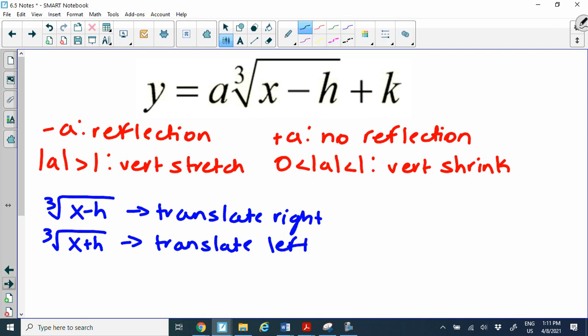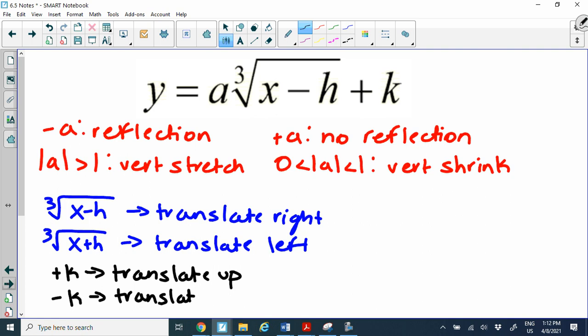And if we have a positive k, that means we translate up, because that's exactly as we see it. And if we have a negative k, we're going to translate down. So it's the exact same thing as when we talked about our square roots.